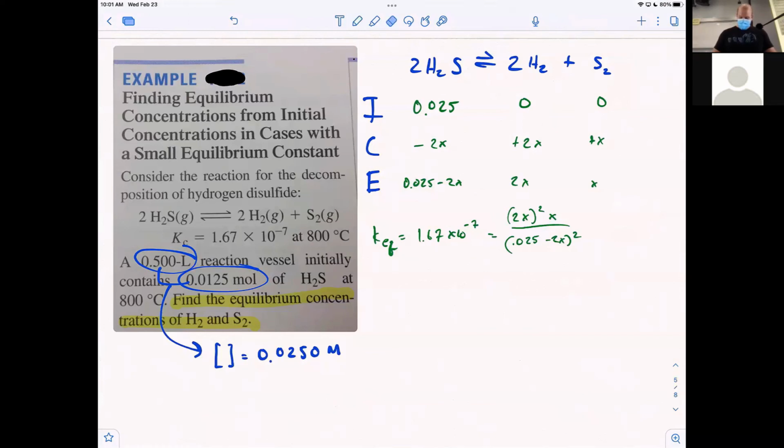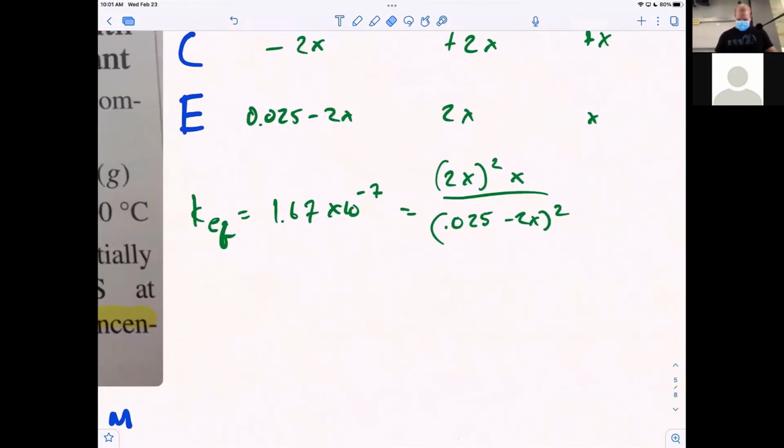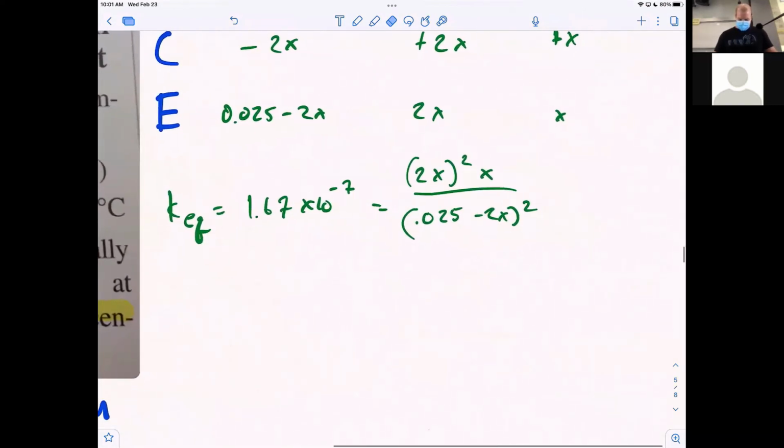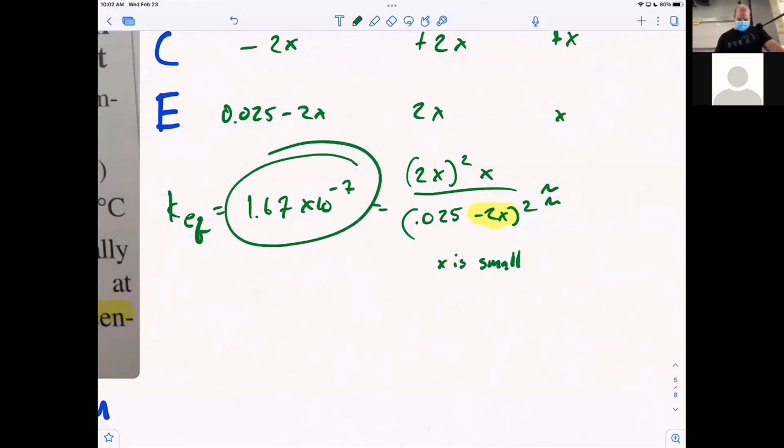So there is a shortcut. The shortcut here is where you can approximate. Instead of an equal sign, I'm just going to use approximately equal. You can look at this and say the x is small. This x value is really small because if you look at the equilibrium constant, that's a small number.